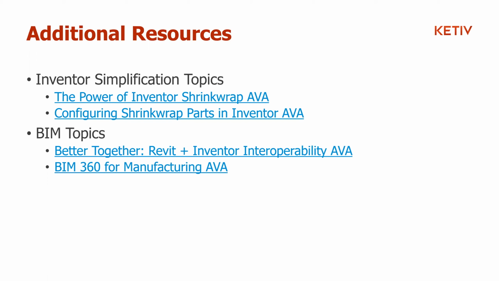So if you need an understanding of what envelopes do, or how to remove components by size when you're creating shrink wraps or some of these simplifications, I would take a look at those. I also did a video previously in 2021, Revit plus Inventor interoperability. So if you've never seen what the Revit AnyCAD function looks like inside of Inventor, I would encourage you to look at that video as well.